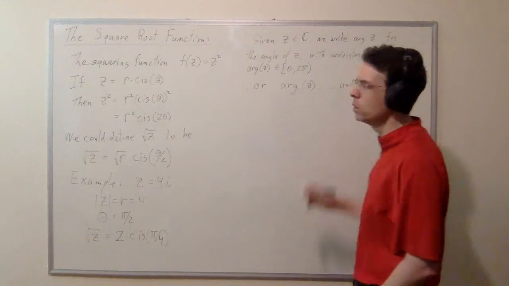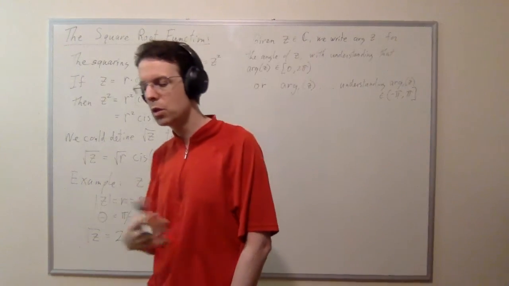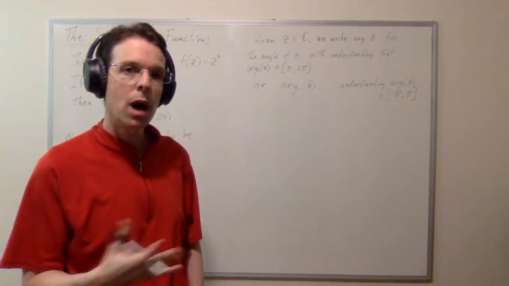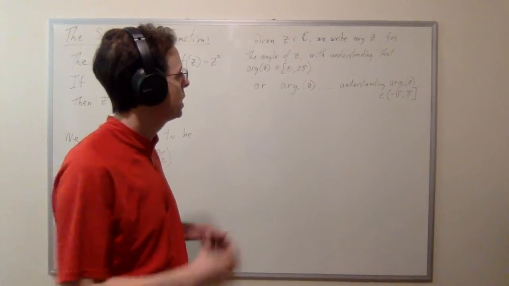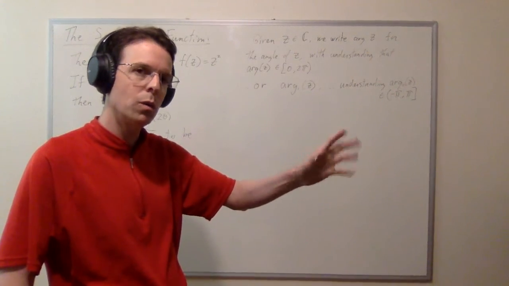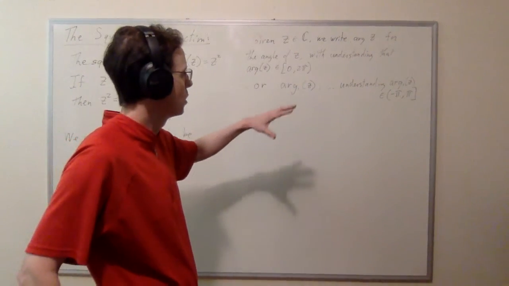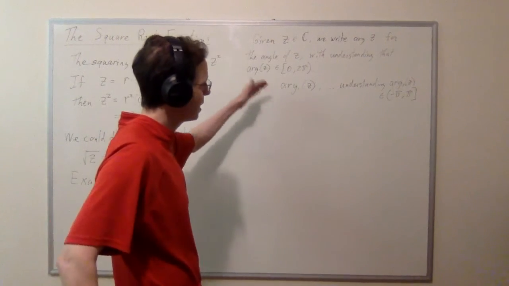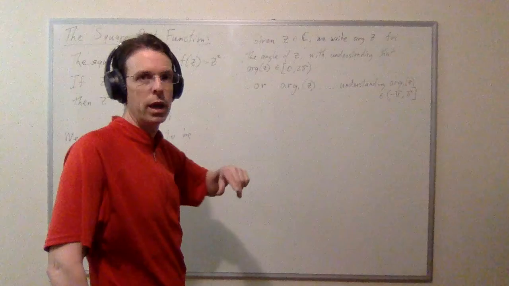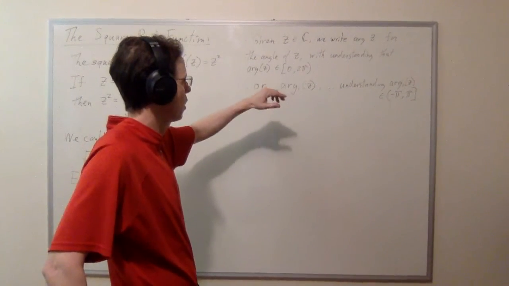Now, these aren't the only two choices, but they are the two natural choices for defining the range of angles that are possible for a complex number. So I'm intentionally introducing a little bit of ambiguity here, right? You could have the argument function that would look one way, or you could have the argument function that would look another way. And it doesn't matter when you figure out which complex number it is, but it will matter when you take half of it, when you take half of this argument, right?